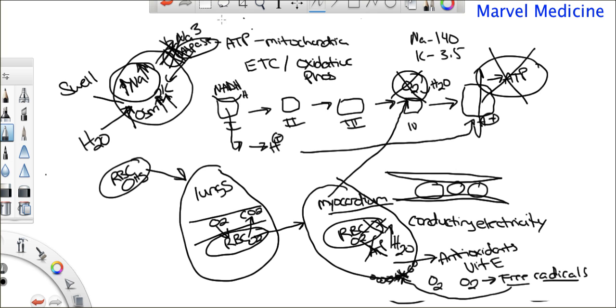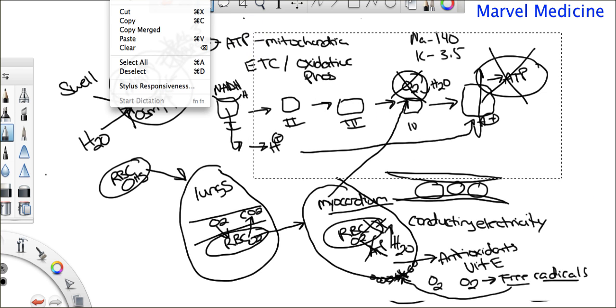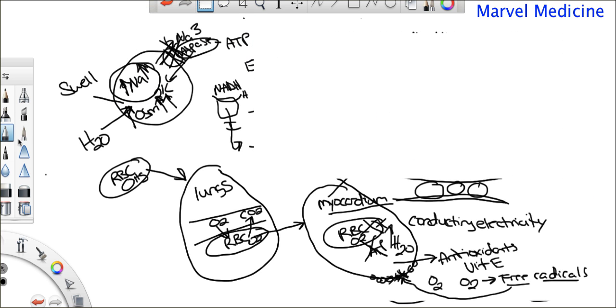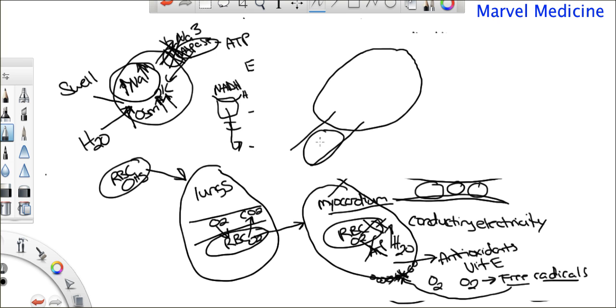Let's say I have a heart muscle, and a cell. And I have a specific blood vessel that brings blood to the cell, my RBCs. Now, let's say this becomes stenotic, or there's an emboli, or thrombus, or something that happens, and I have an acute myocardial infarction, basically ischemia to my heart muscle.